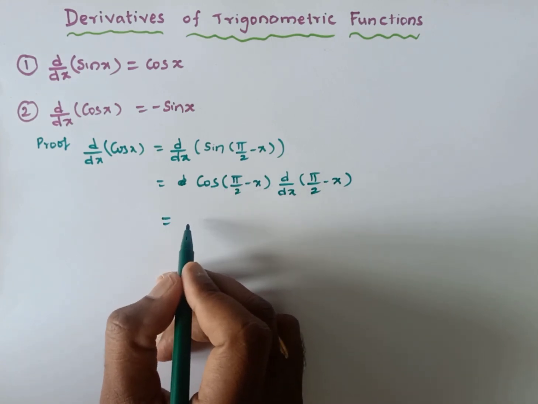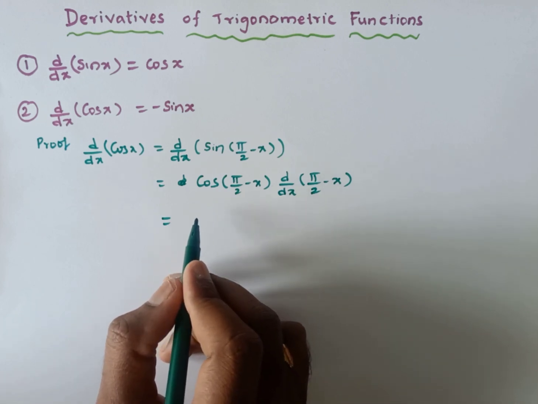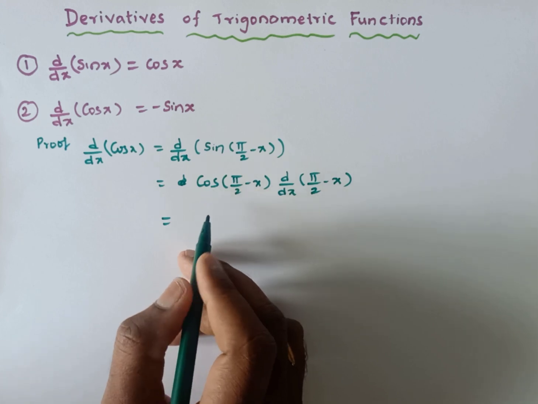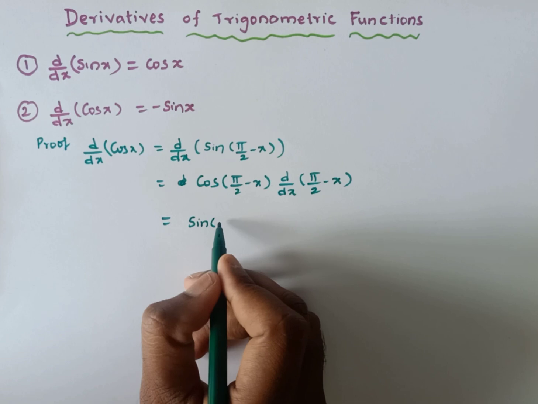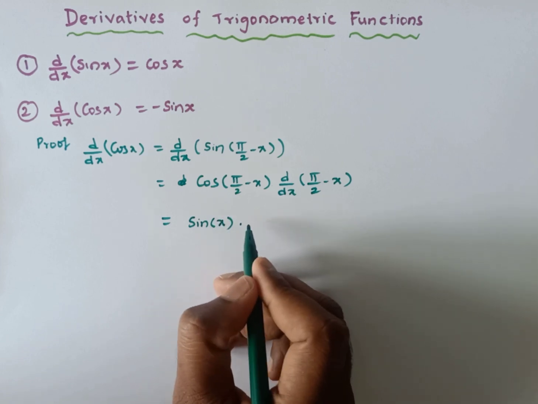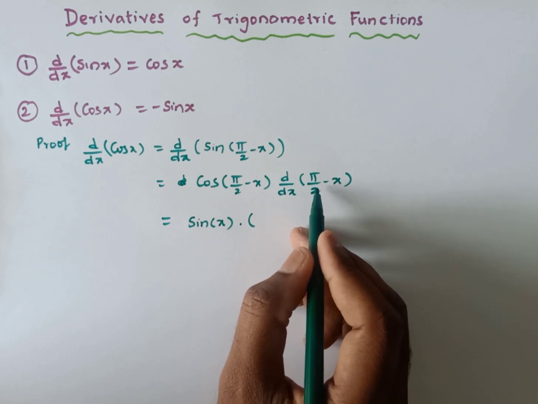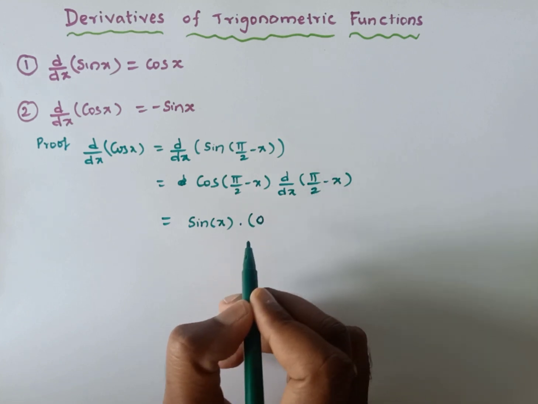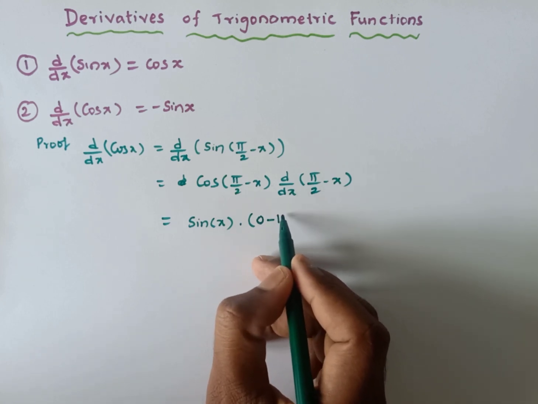Now this is cos of 90 minus theta. Cos of 90 minus theta lies in the first quadrant. In the first quadrant, cos is positive and the ratio changes to sine. So cos of 90 minus theta can be written as sine theta, into the derivative of pi by 2 minus x. Pi by 2 is a constant, and the derivative of a constant is 0, minus the derivative of x is 1.